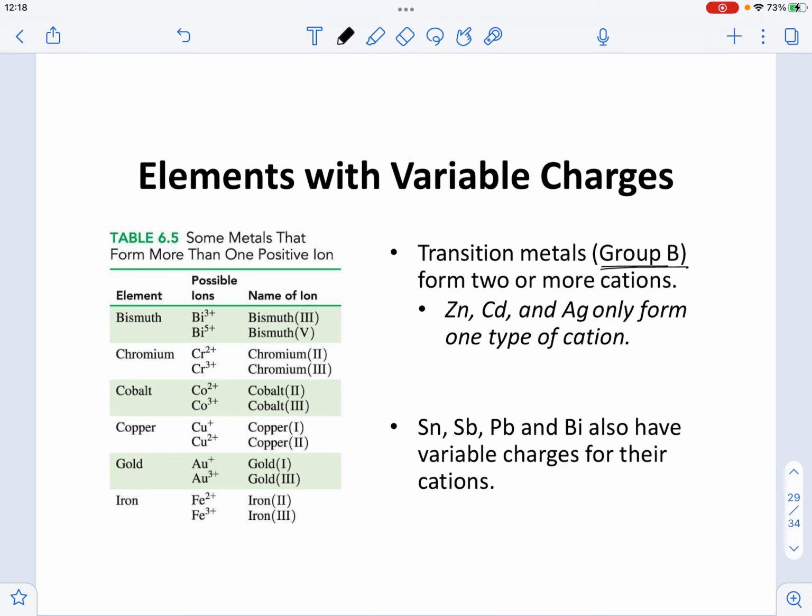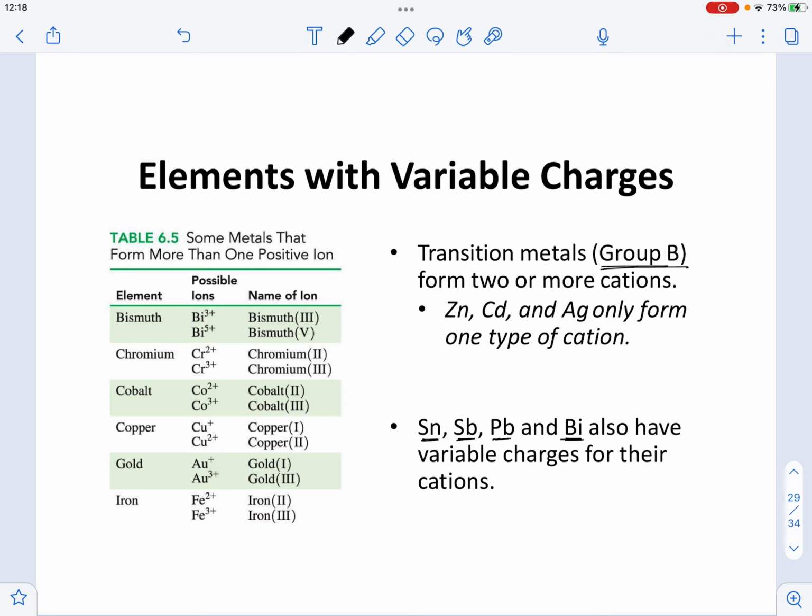So transition metals, or transition elements, are going to form multiple charges. Along with those, there are 4 elements outside group B that also do the same. Those are tin, antimony, lead, and bismuth. They also form cations of multiple charges.